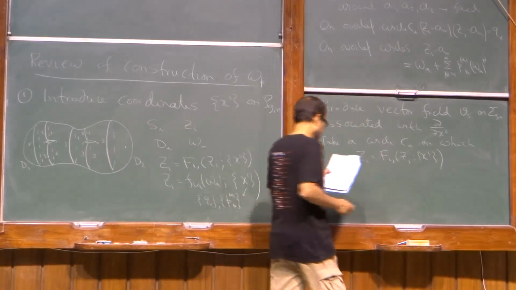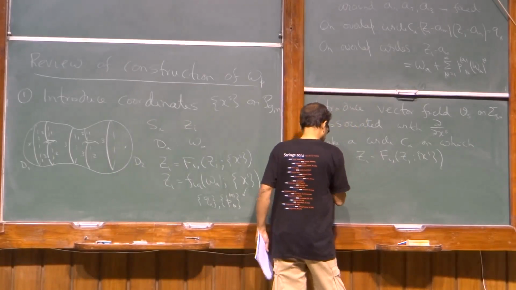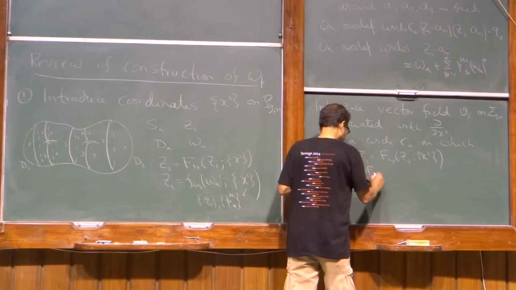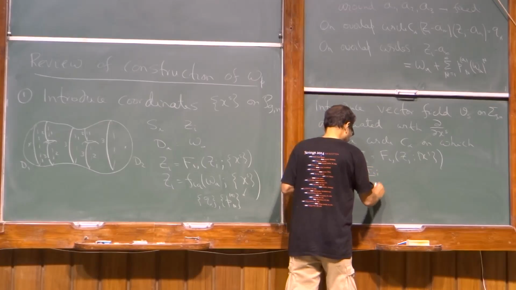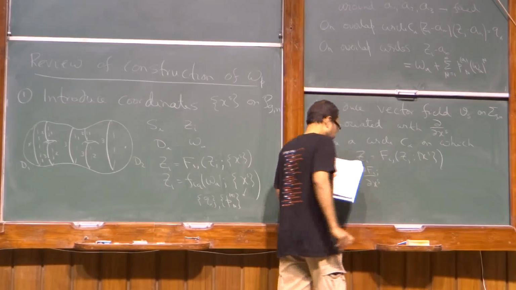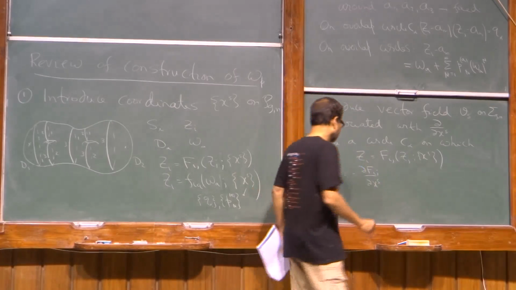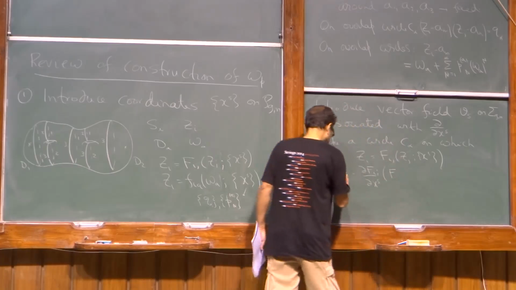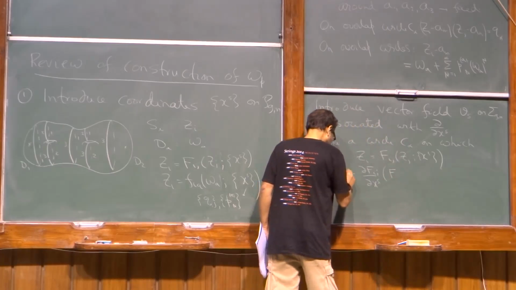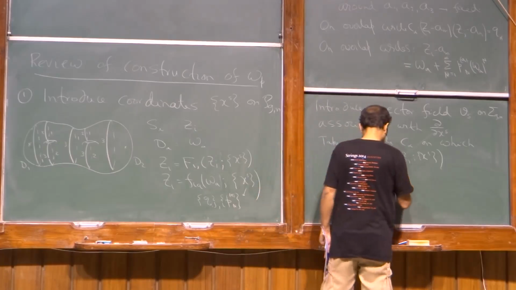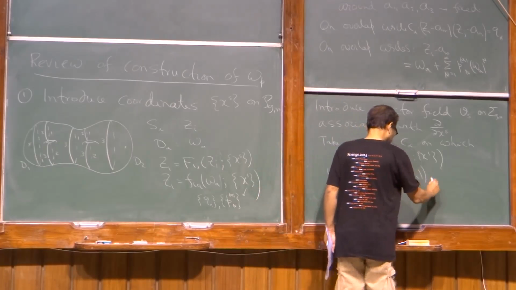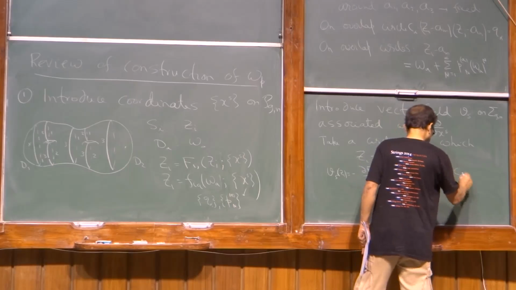So V_s will be defined as minus del F_ij del x_s, so that now I can put the argument, V_s of Z_i, on C alpha.